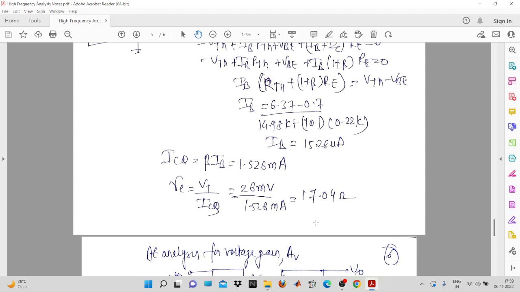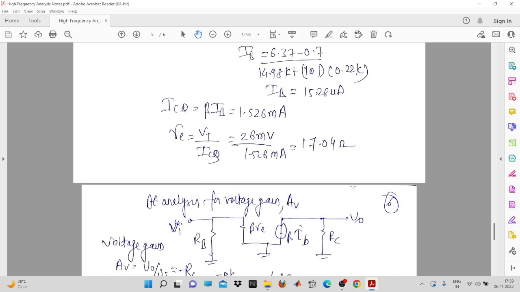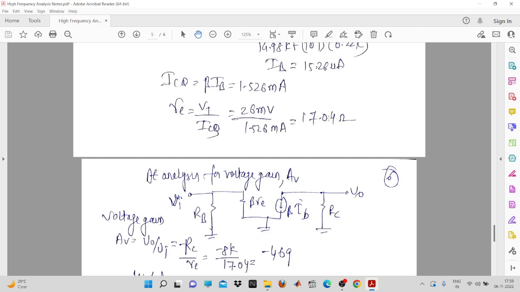Now T will be the absolute temperature in Kelvin, so that will be 273 plus 27, that will be 300 Kelvin, and Q will be the charge of an electron. So if you simply put all the values, then you'll get RE equal to 17.04 ohm. So by doing this, we have got the RE value.